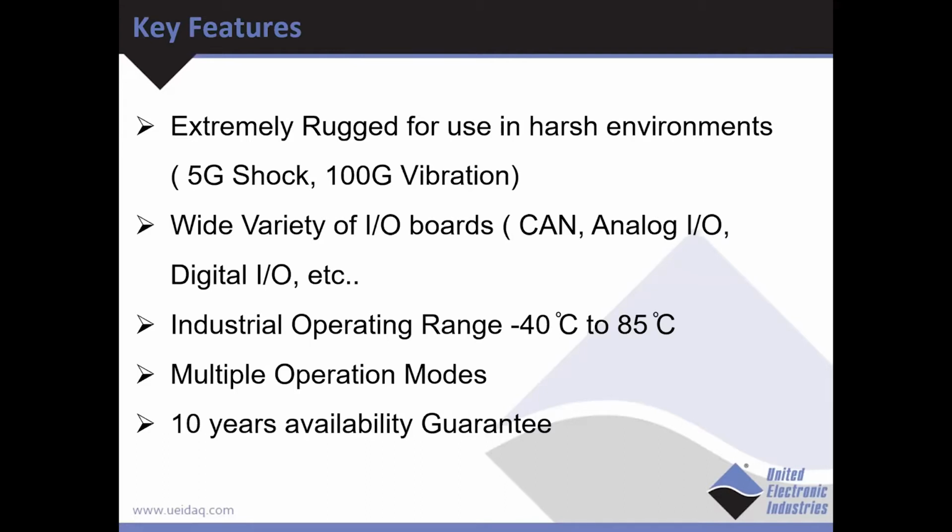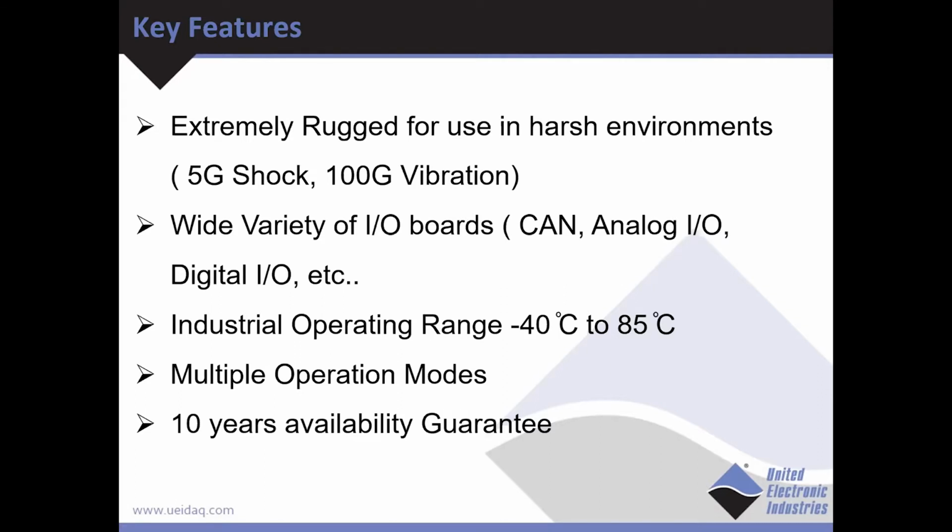All these devices are tested for 5G shock and 100G vibration, which makes them ideal for working in these harsh environments. And then we have a wide variety of I/O boards, like CAN boards, analog I/O, digital I/O, thermocouple temperature measurements, etc. For any type of signal measurement, there are I/O board options available.